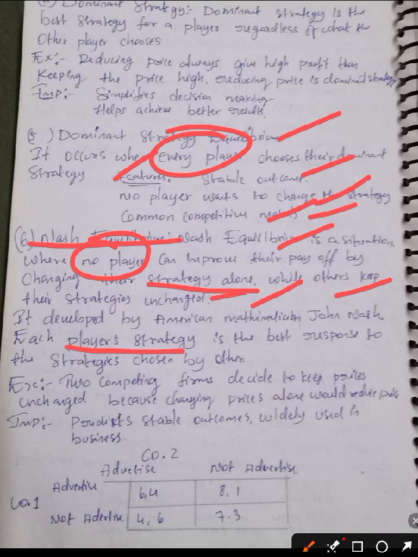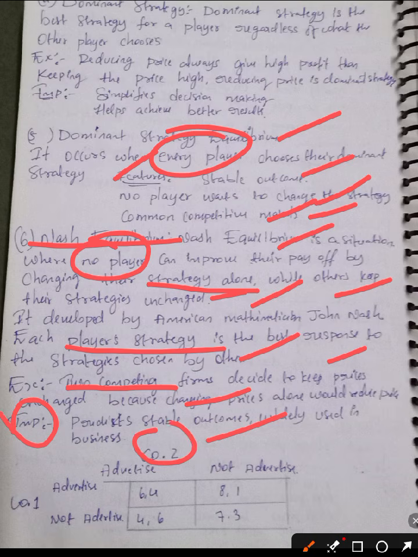Each player's strategy is the best response to the strategies chosen by others. Example: two competing firms decide to keep prices unchanged because changing prices alone would reduce profit. Importance: predicts a stable outcome, widely used in business.